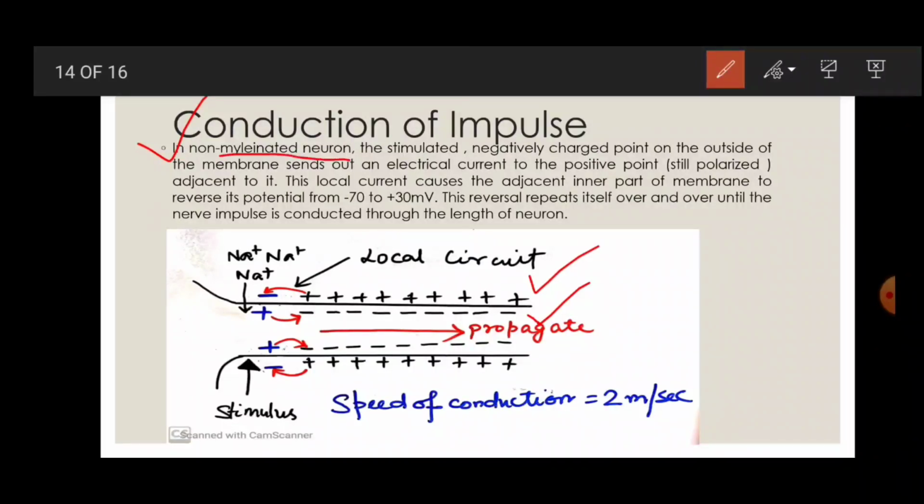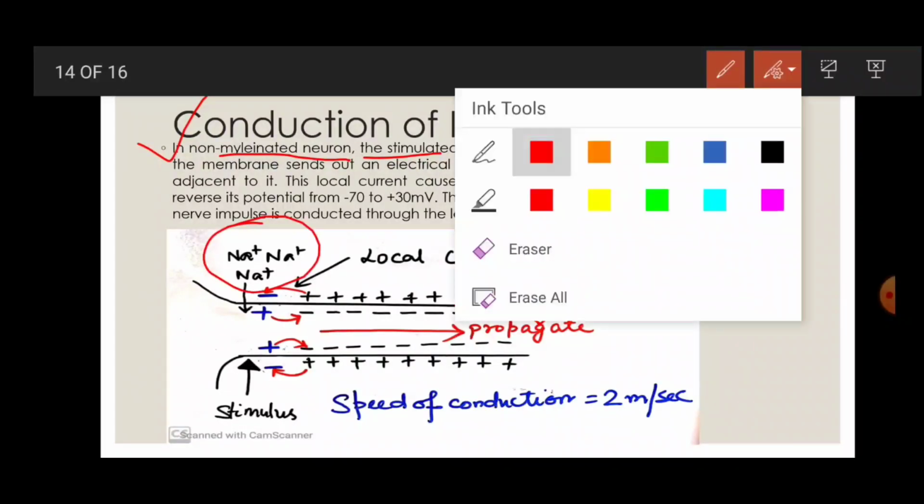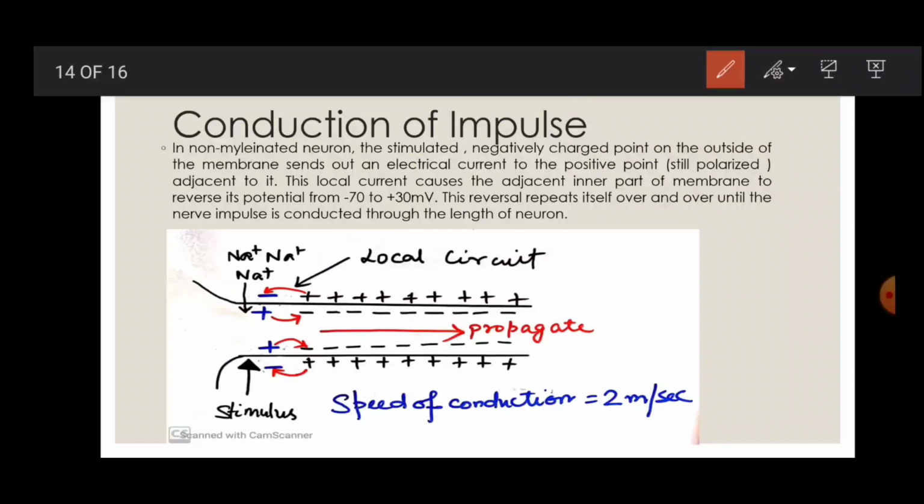In the non-myelinated neuron, when a stimulus is given to a resting neuron, what would happen? Sodium channels open at the site of the stimulus, leading to a change in polarity. Outside it becomes negative and inside it becomes positive.